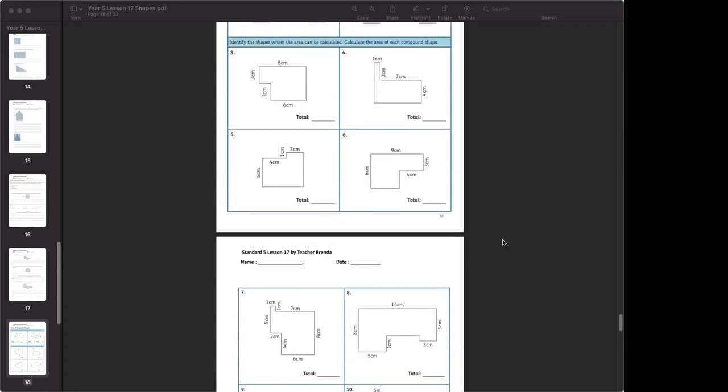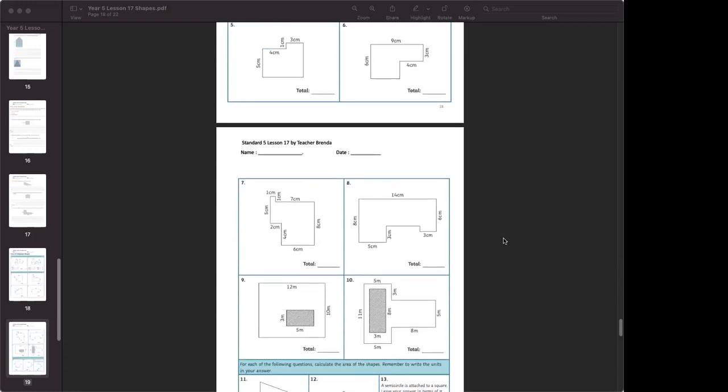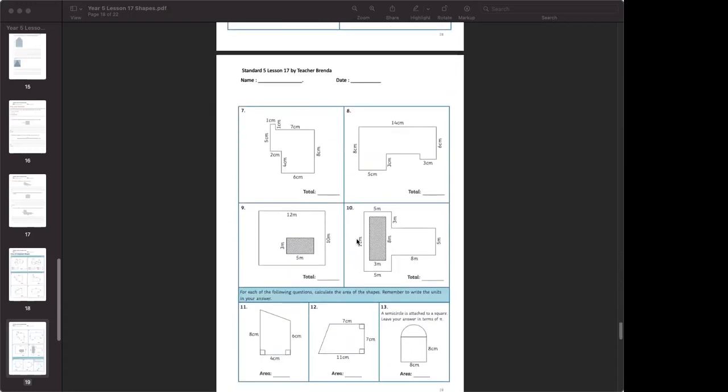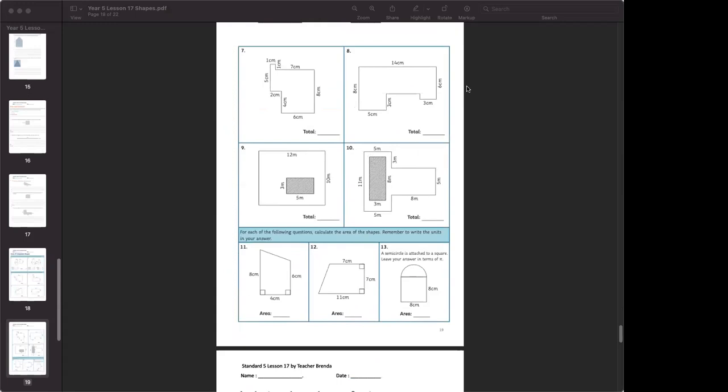Again, these are also composite shapes. How do you do this part? You calculate, like how I told you. This is area A. This whole thing is A. This is B. And then find this area, the shaded part, and subtract.